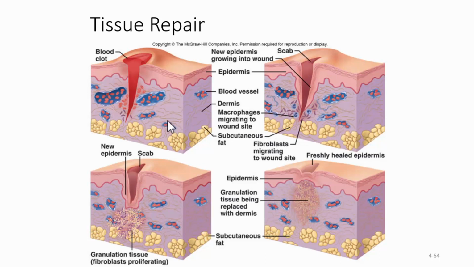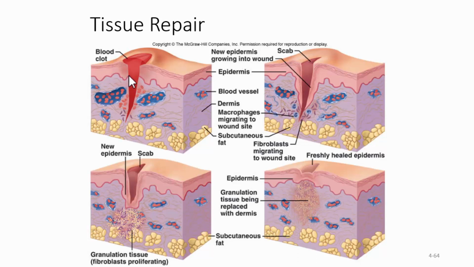And here this just kind of shows tissue repair where you have the cut. You have a blood clot forming here to kind of stop the bleeding. Here you're going to have macrophages and fibroblasts start to invade the area. If you notice right here, this layer of the epidermis is where new skin cells are produced.